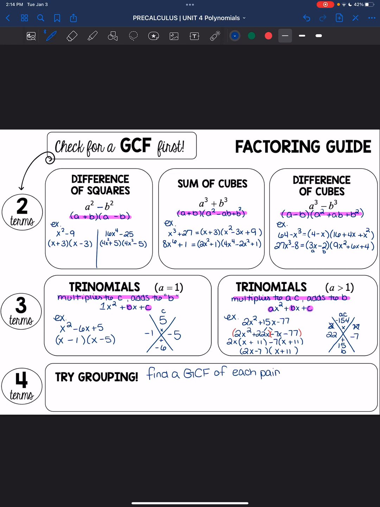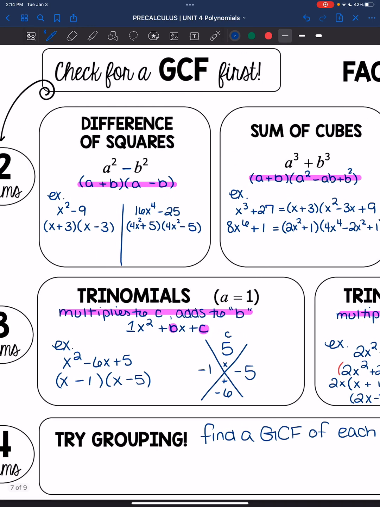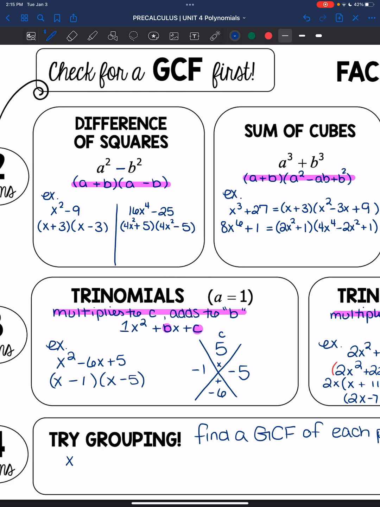Maybe instead of part, I'll call it a pair, and then factor the binomials. So take, for example, if we have, let's say, x cubed minus 2x squared plus 6x, and then minus the 12.